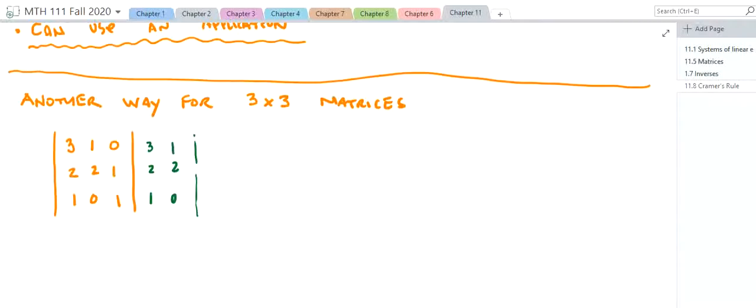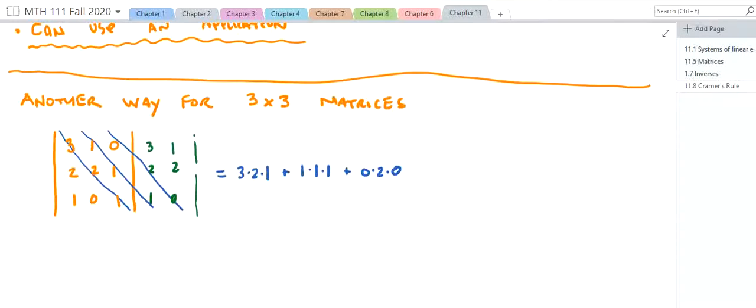Now you multiply all the numbers on this diagonal and add them to the product of all the numbers on this diagonal, and add them to the product of all the numbers on this diagonal, like so. 3 times 2 times 1 plus 1 times 1 times 1 plus 0 times 2 times 0.